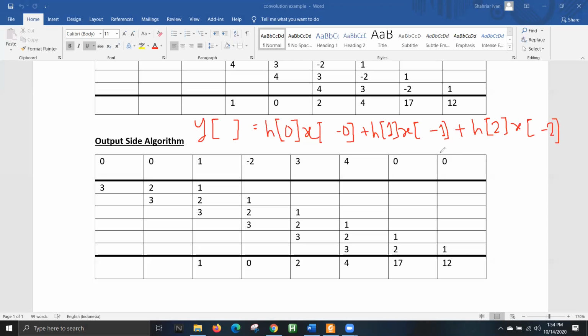The basic idea is that you need all the h values there are. So if there are 3 h values, you need all 3 h values.